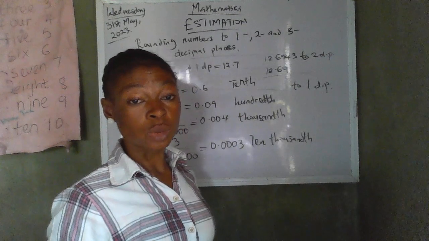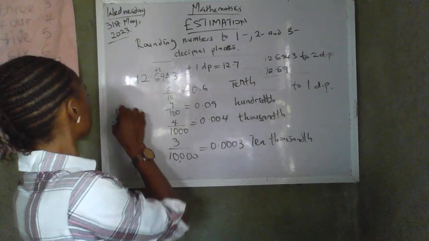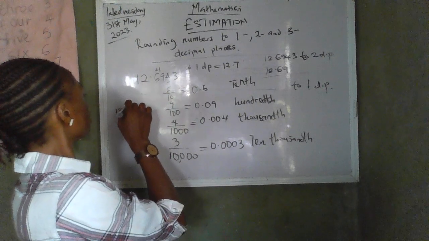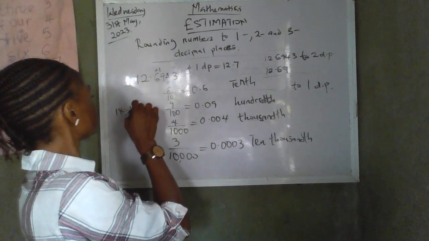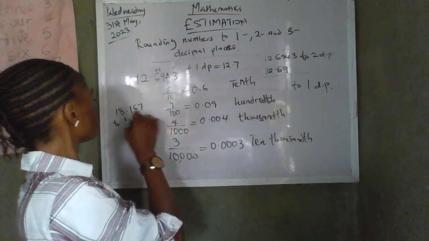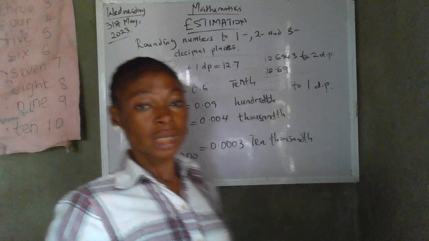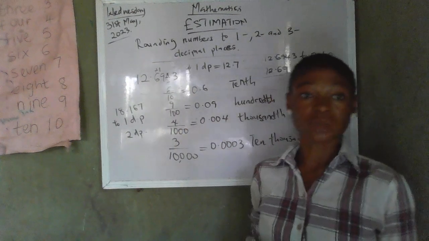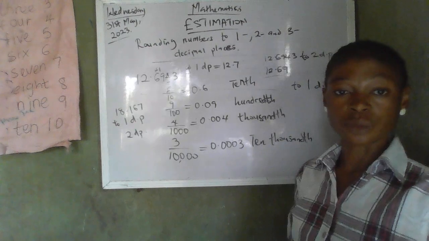Okay, let me see if you have actually followed me, or if I should take it again. Now on your own, round 18.167 to 1 decimal place, and then to 2 decimal places. Quickly, let me give you 60 seconds, just following the example or the outline I gave to you.